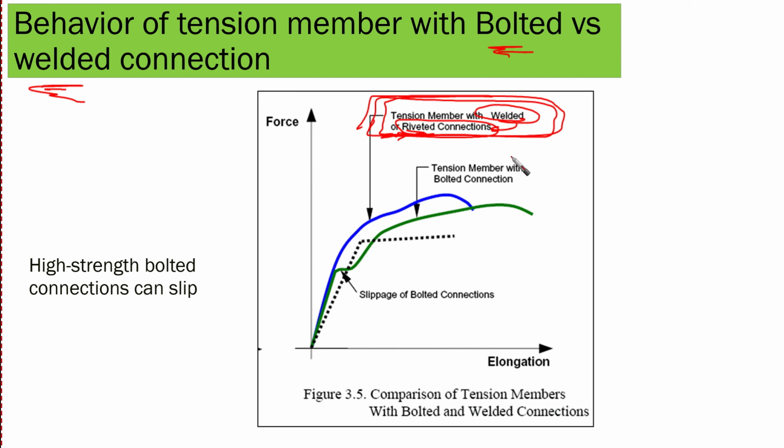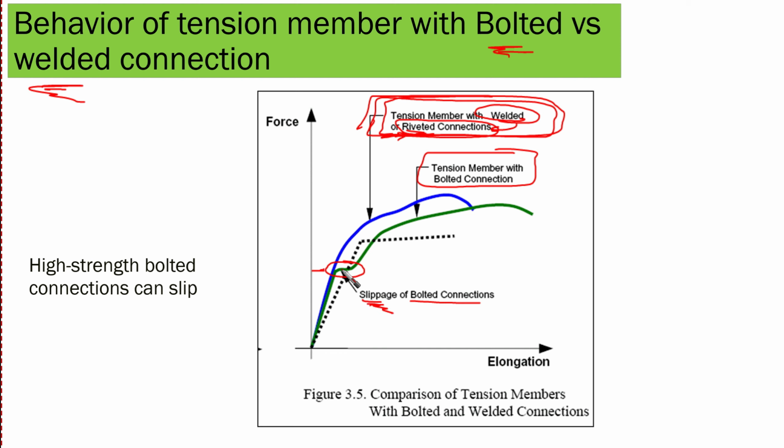However, for the tension member with a bolted connection, as you can see in the green curve, in the beginning they are both the same, but at one particular point we find that the bolted connection experiences what we call slippage. The connection is going to have a slippage phenomenon here.